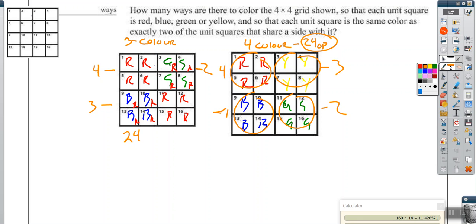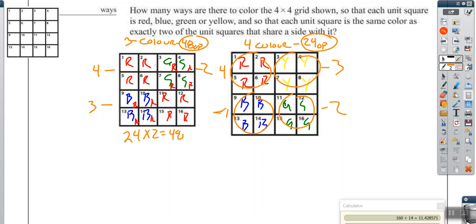So if I have 24, well, then I can switch those blocks. So that means I have 48 total options. All right. So are there any other ways to do 3 colors? Not really. All right, so then the next option is 2 colors.